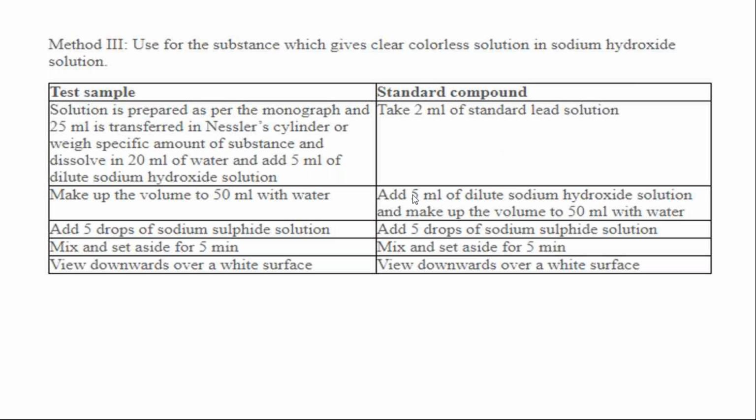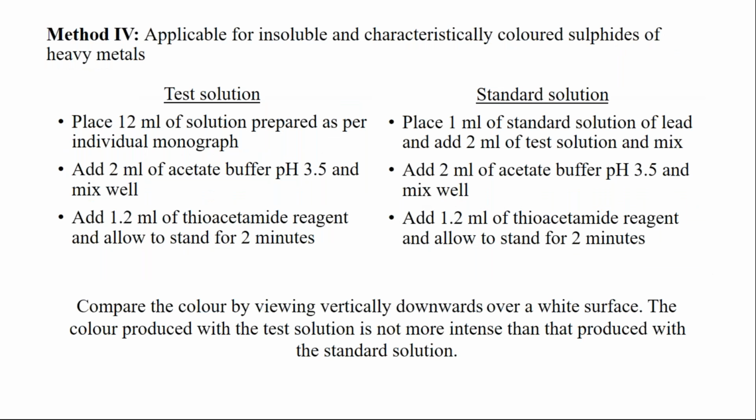Let's look at the last method under limit test for heavy metals. This is method 4. Where is this method 4 applicable? It is applicable for insoluble and characteristically colored sulfides of heavy metals. You have taken your substance, dissolved it with the solution specified in the monograph.